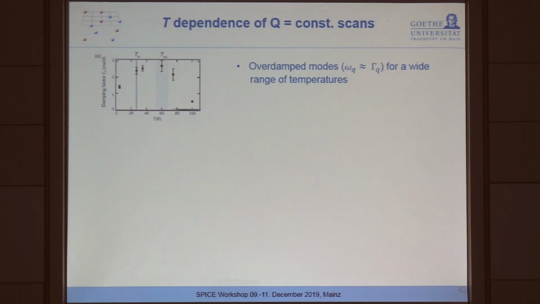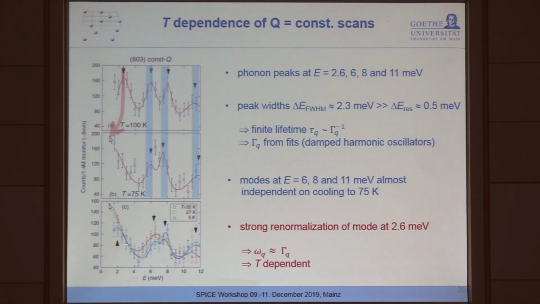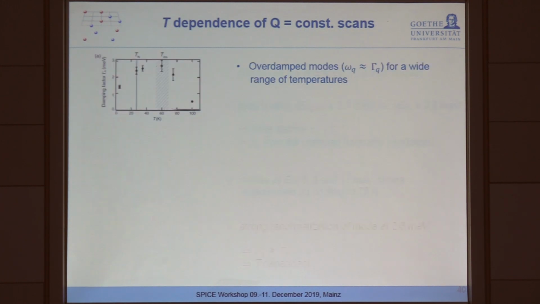This is plotted here, the damping factor as a function of temperature. We have strongly overdamped modes in a certain temperature window, indicating that there's a phonon anomaly. This phonon anomaly can be visualized particularly clearly when you go back to the data and do an experiment where we monitor the scattering intensity at the lowest energy of 1.5 millielectron volts, as a function of temperature with very high temperature resolution.